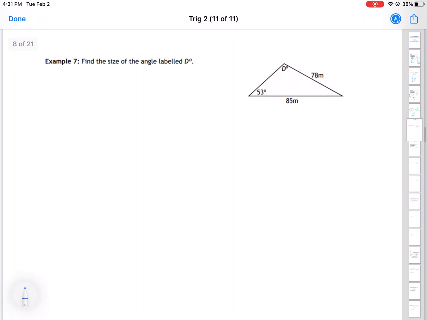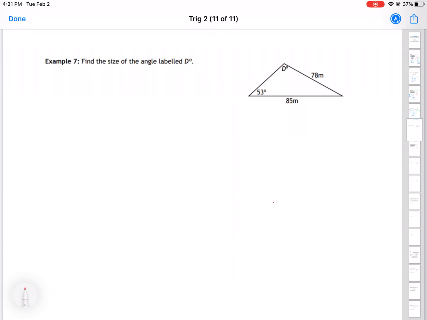And that'll be this one here. Now in this case, we are given a different letter to use. Okay, we're given D's here instead. Now that's perfectly okay. We can use different letters. We've got an angle in there. We want to find it. We will be able to do that.